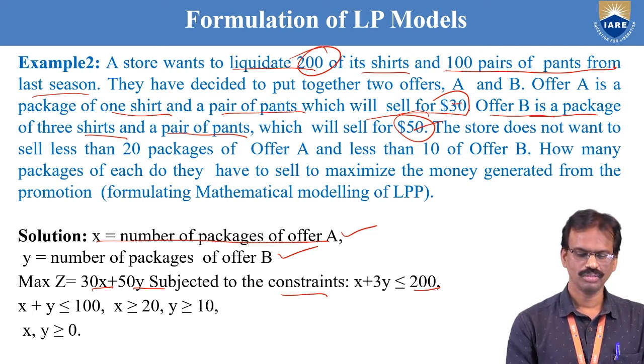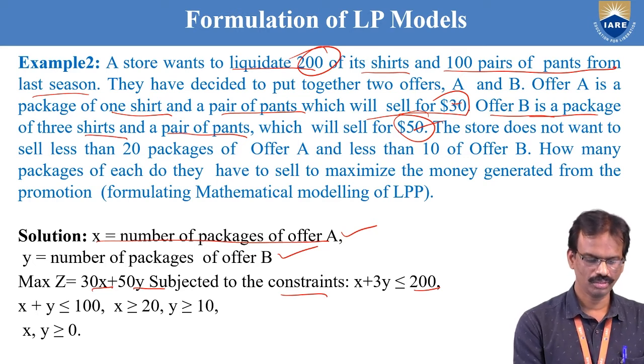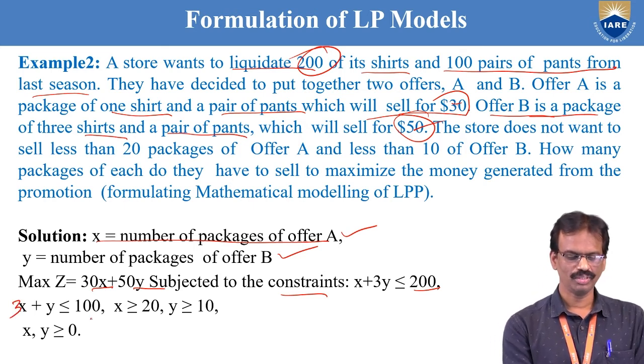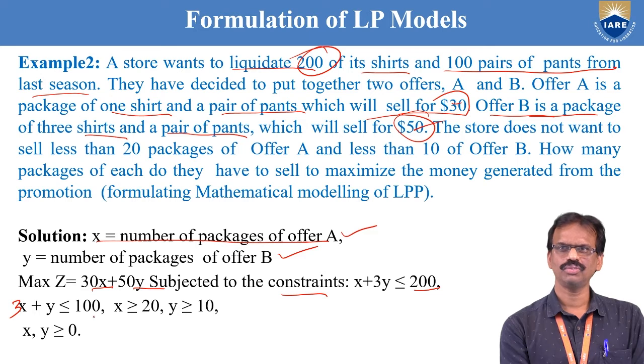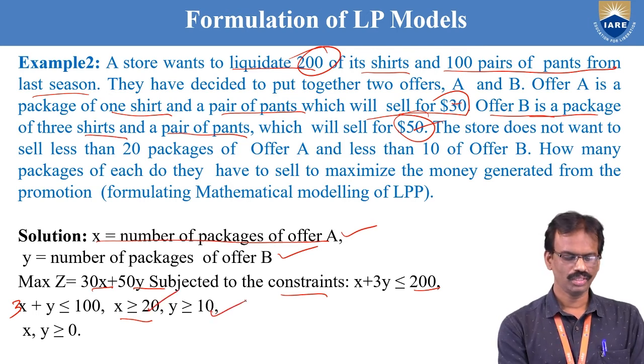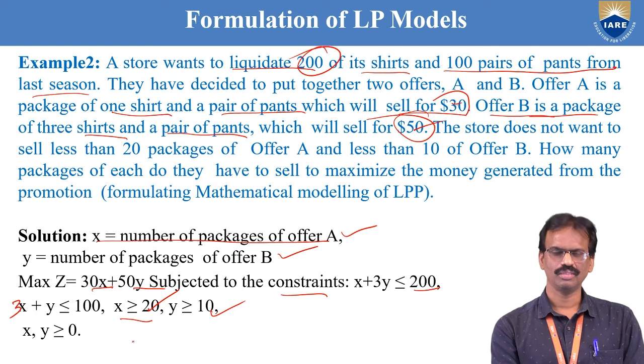So 3x plus y is less than or equal to 100. Here the conditions are x greater than or equal to 20 and y greater than or equal to 10. So x and y are always greater than 0.